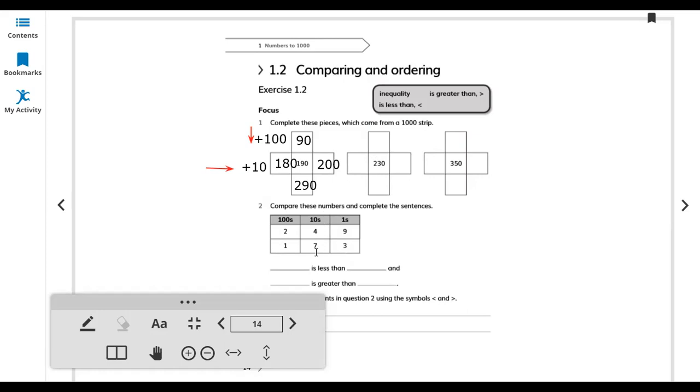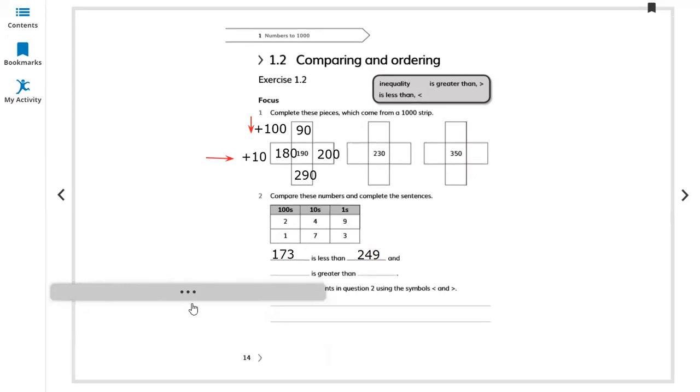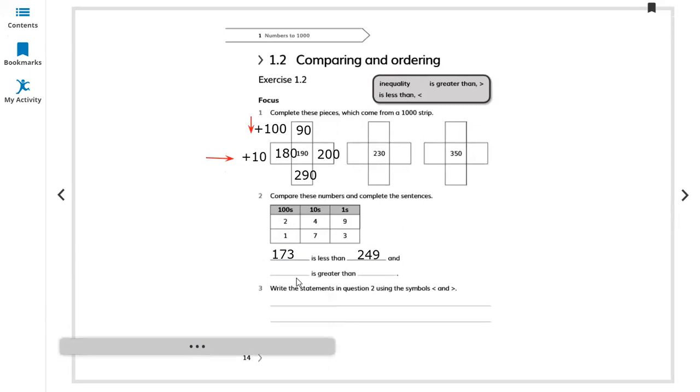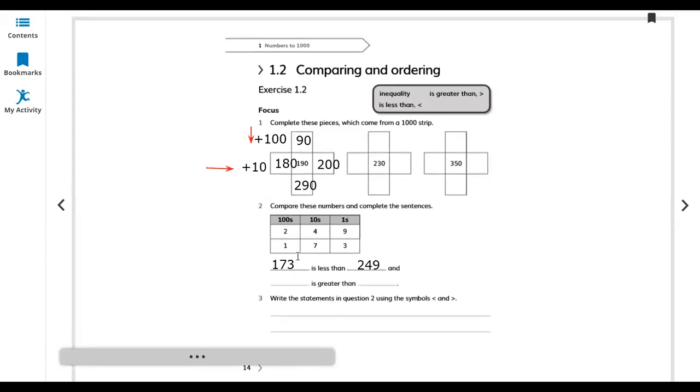So 173 is less than 249. And in the second line you write dash is greater than, the opposite. 249 is greater than 173.